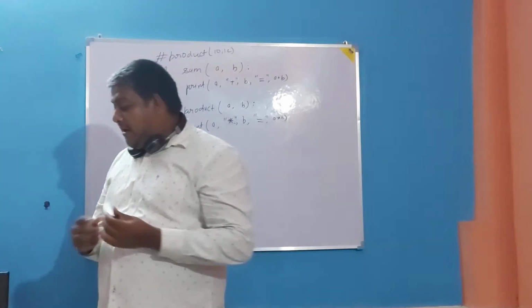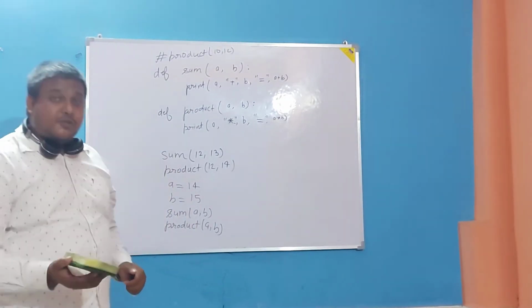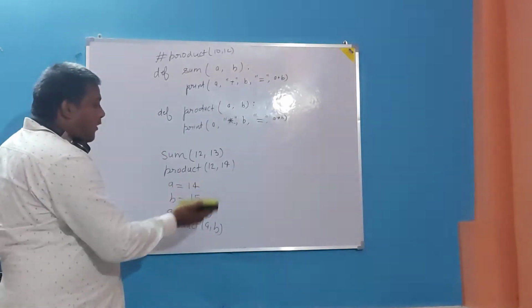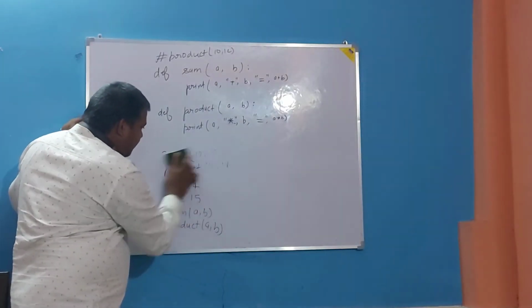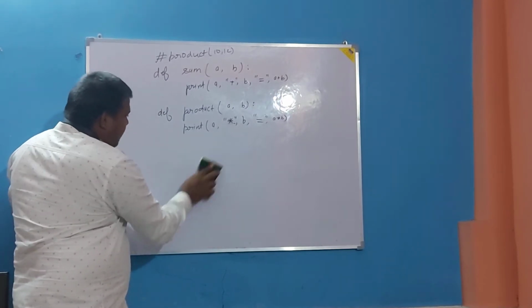Now, if you want, I may give some values through input, and those values will be passed to the functions. Look how we will do it. Nothing more we have to do.